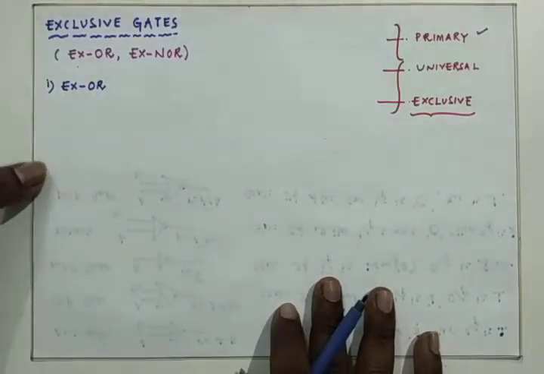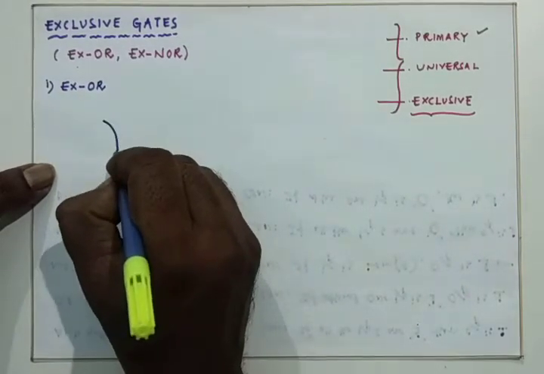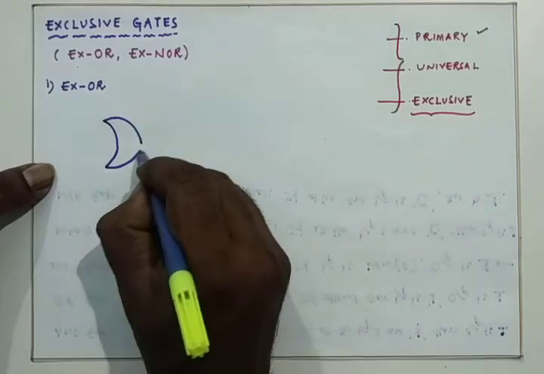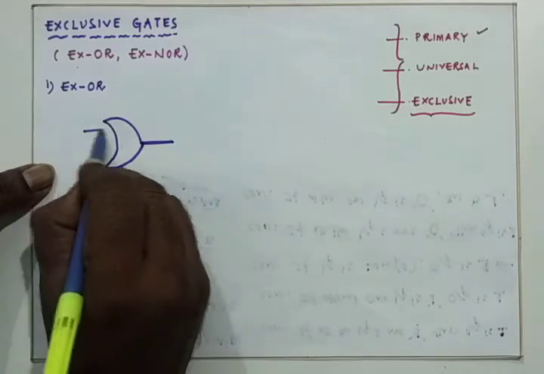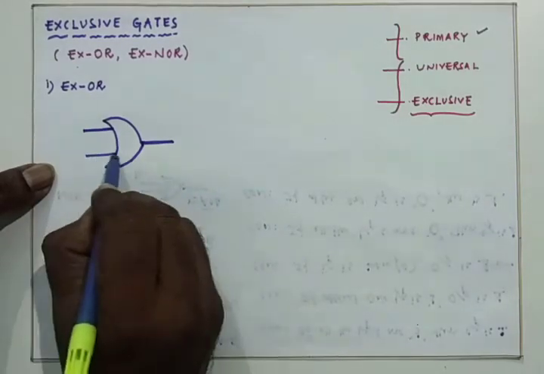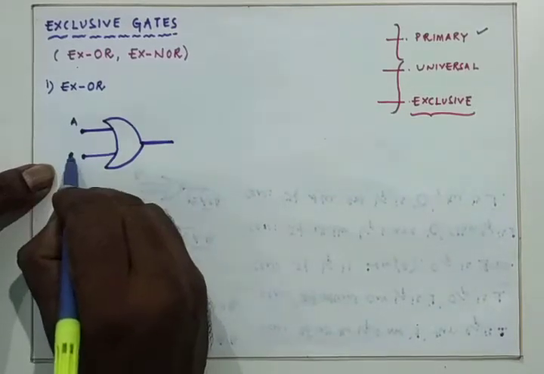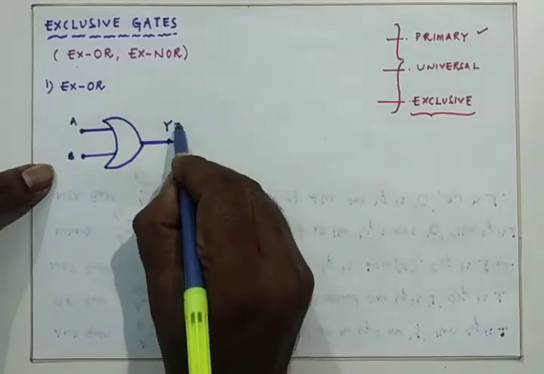First I am going with the XOR gate, or exclusive OR gate. That means it is one particular type of OR gate, so we have to go with the logic symbol of OR. This is the logic symbol of OR. I am taking two inputs, which I call A and B, and let Y be the output.